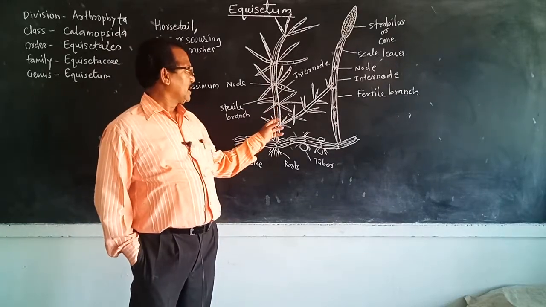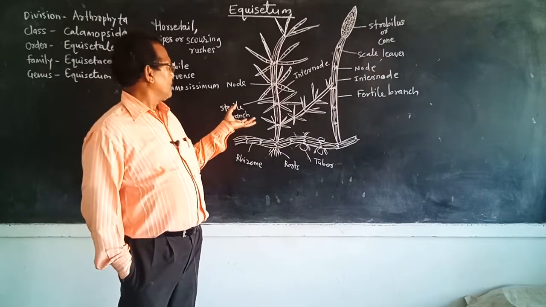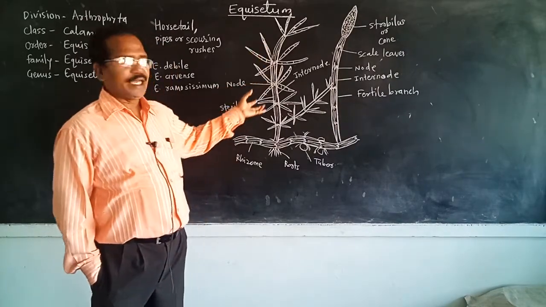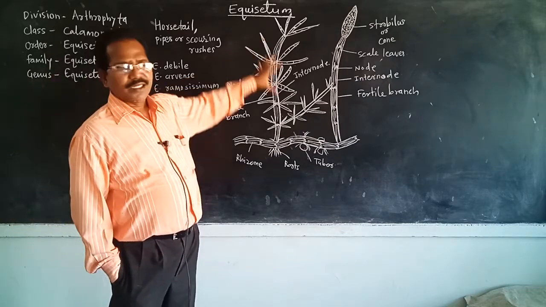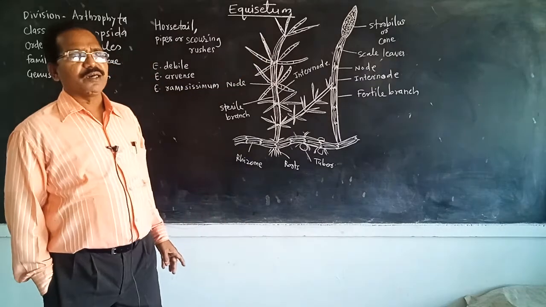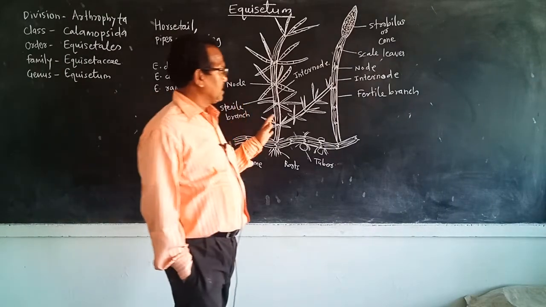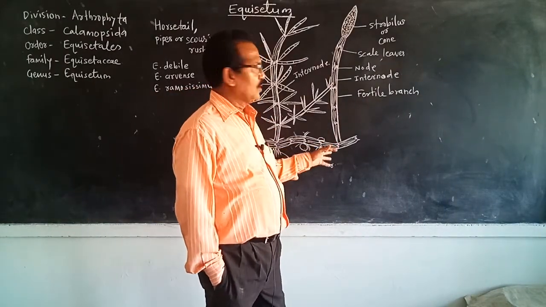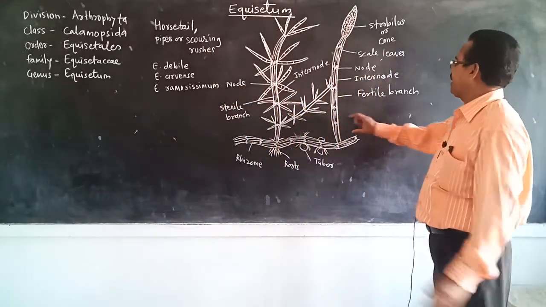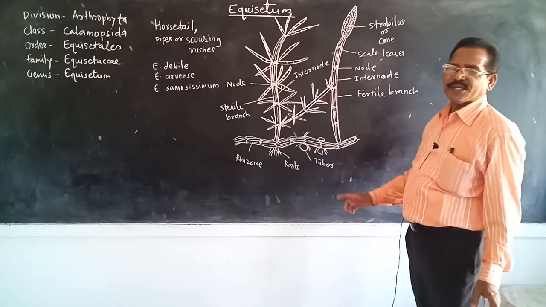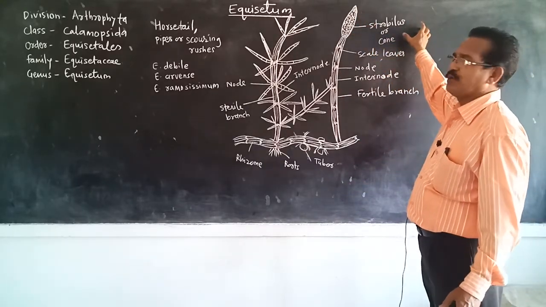From the nodal region arise the scaly leaves. They are green in color, as the name suggests, and sterile branches perform the function of photosynthesis, while the fertile branches also grow from the nodal region, again having nodes and internodes, and they terminate into a fertile cone known as the strobilus.